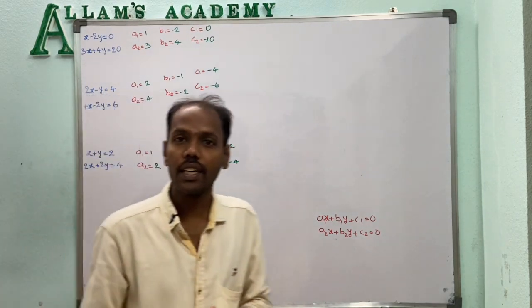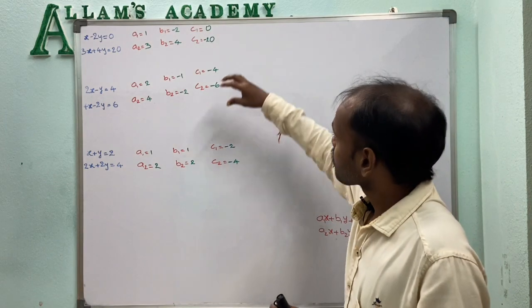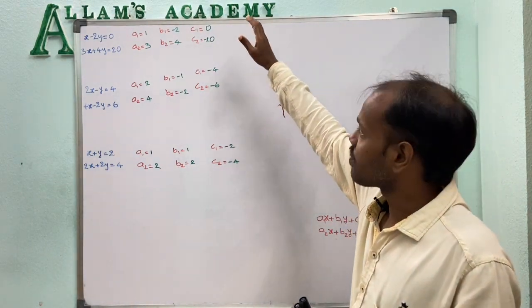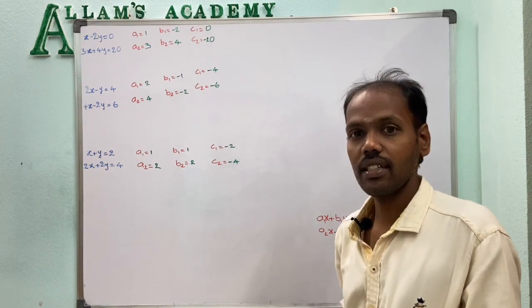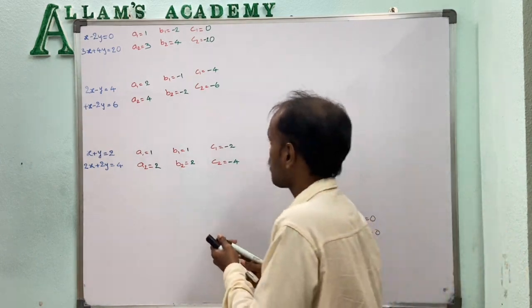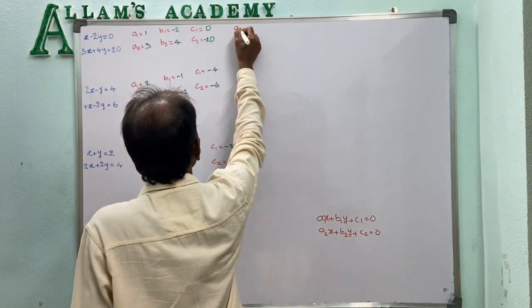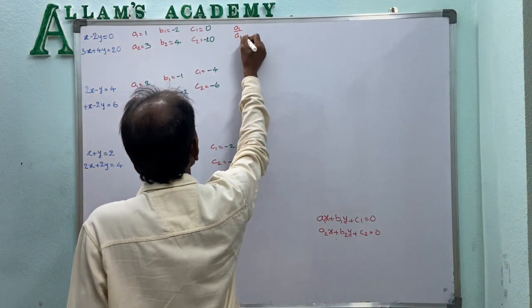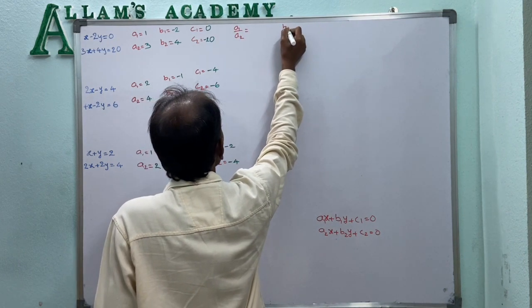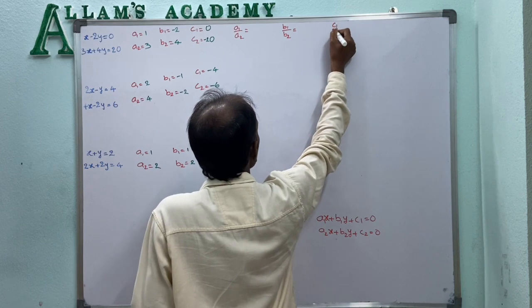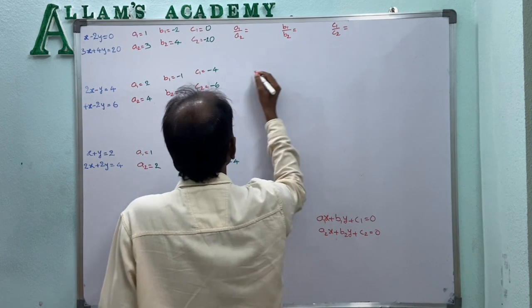Now here we are finding the ratios of the x coefficients, y coefficients and constant terms. So a1 by a2 equal to, b1 by b2 equal to, c1 by c2 equal to.